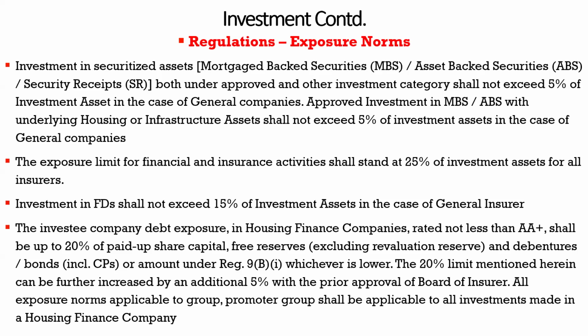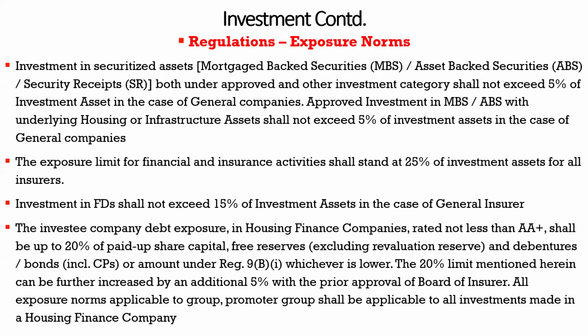The investing company's debt exposure in housing finance companies rated not less than AA plus shall be up to 20% of paid up share capital, free reserve, and debentures, bonds, or amount under regulation 9B1, whichever is lower. 9B1 means the first regulation, which we just saw before.